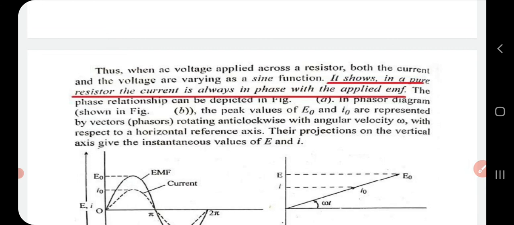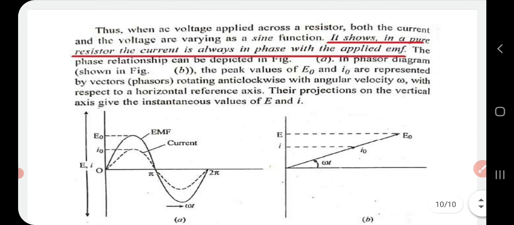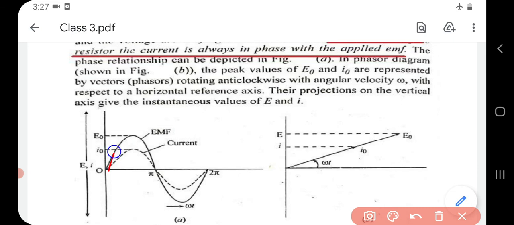So when AC voltage is applied across the resistor, both current and voltage vary as a sine function. Current varies in the form of a sine wave. Similarly, EMF or voltage also varies in the form of a sine wave.